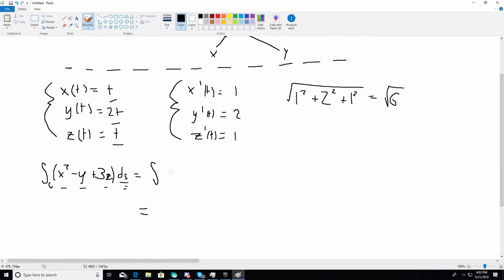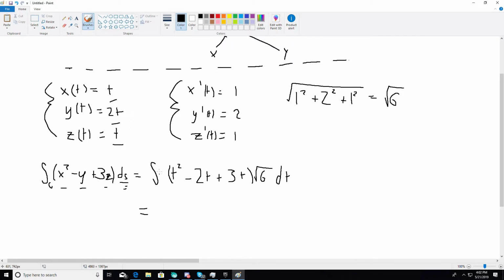So you get t squared minus 2t plus 3t times radical 6, which is our magnitude of r prime, times dt.